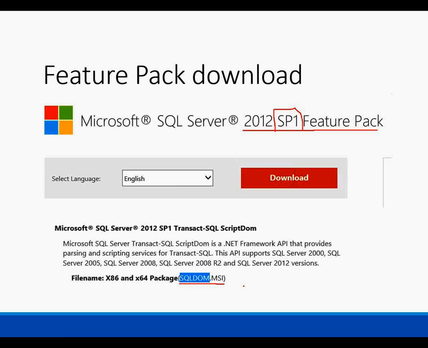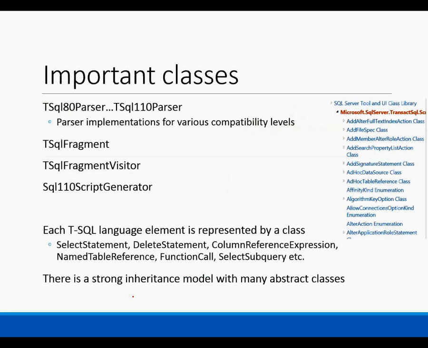You don't need to install SQL Server completely. You just need this redistributable version of the parser, and you install that MSI file on the application server proper. That's quite significant if you're going to be investing in this parser for your applications. So that's the basic logistics around where the parser came from and where you can get it.